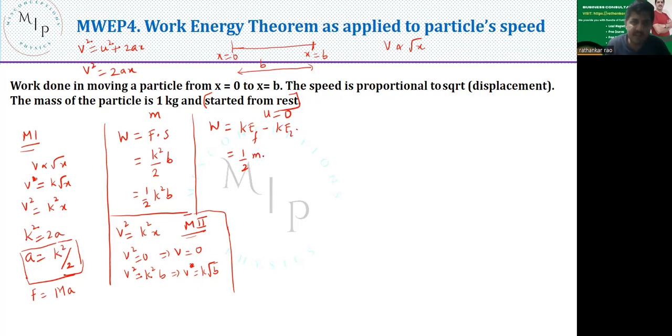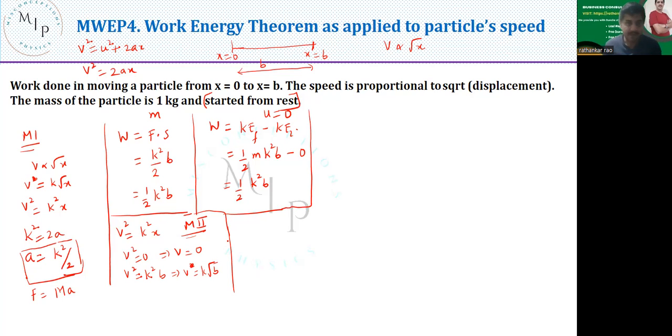It's k square into b. Minus the kinetic energy initial: v equal to 0, so the kinetic energy is 0. So this is equal to half m, and m is 1 kg. I'll substitute that and I get k square into b divided by 2. See, which is the same answer, right? So we have got the same answer using the work energy theorem also.